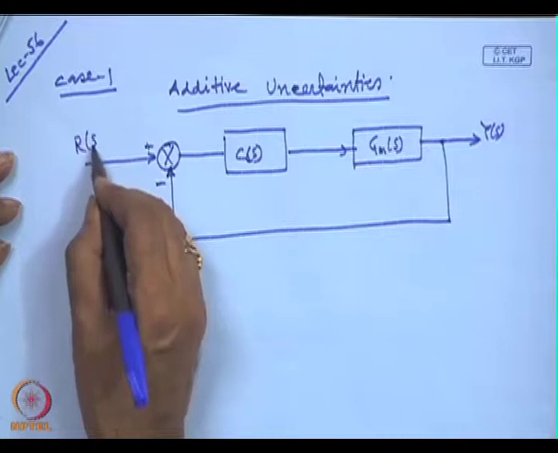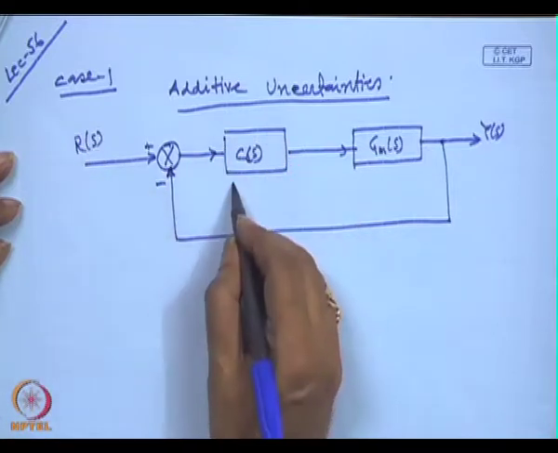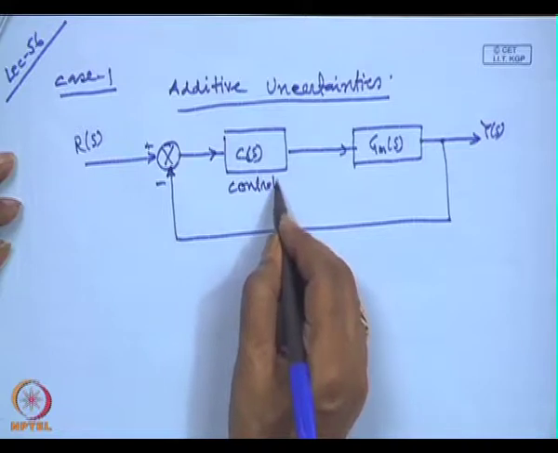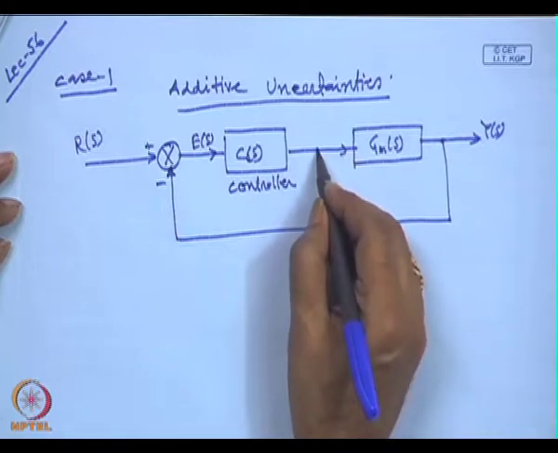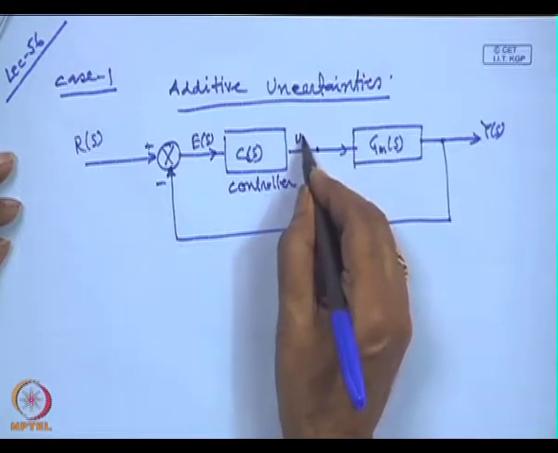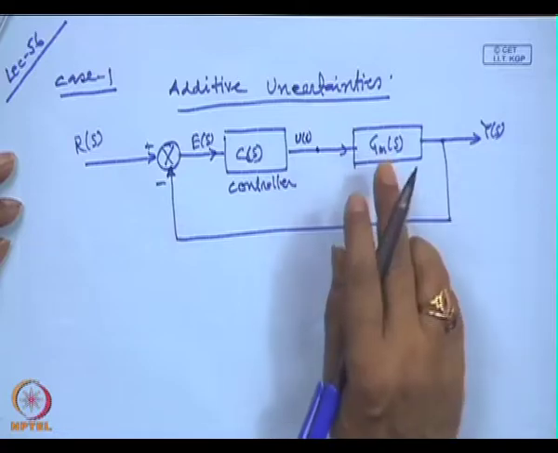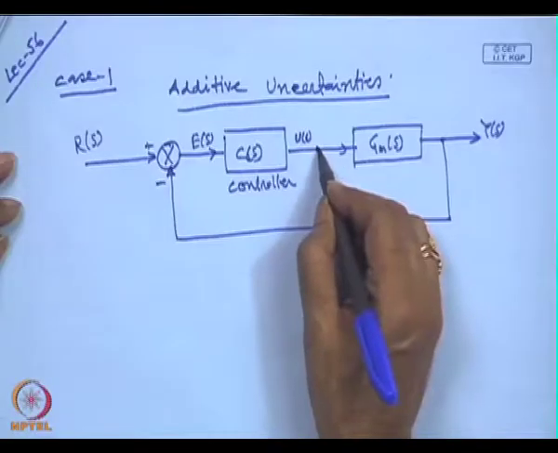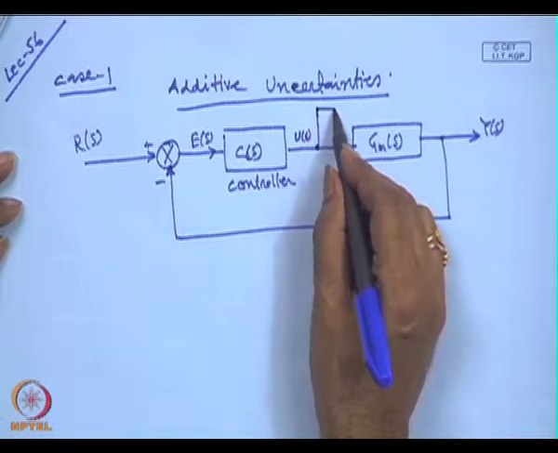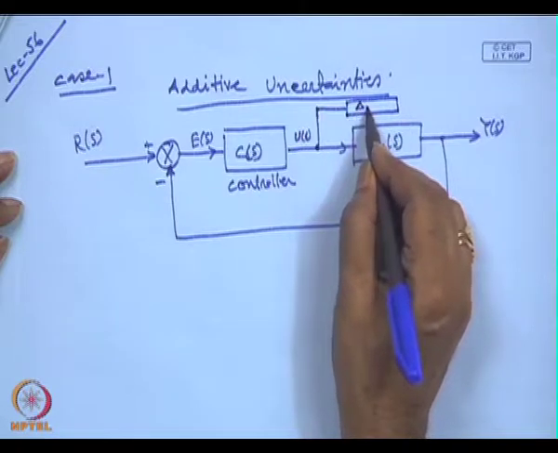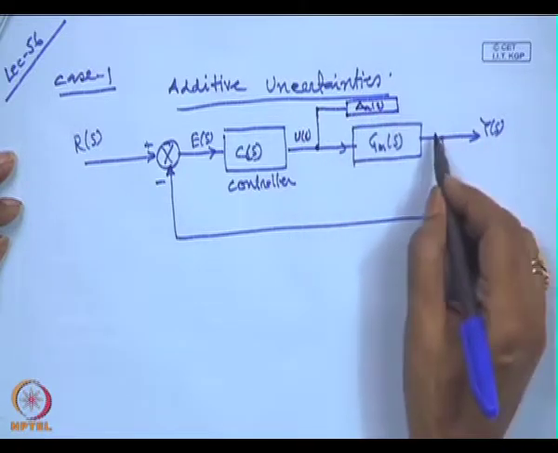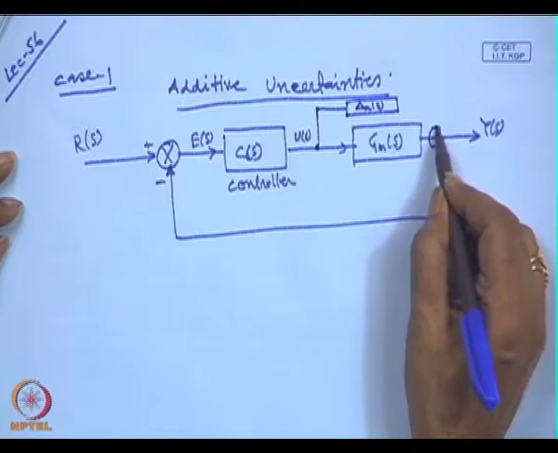This is the reference input, this is our controller, this is the error signal, and this is the input u to the plant. We assume there is a discrepancy between the actual plant and the plant model. The discrepancy is compensated by assuming it is an additive perturbation delta A of S, which is summed here.